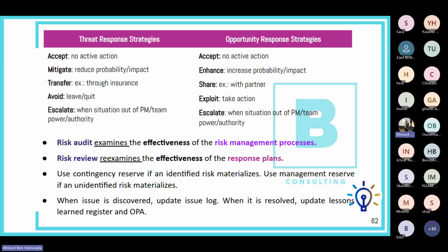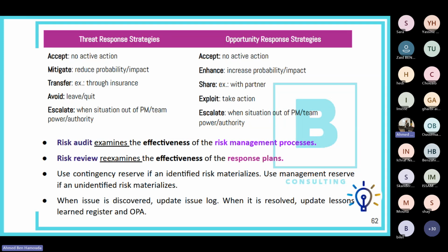The PMP exam will describe the action, and from the description you will understand that it's about mitigation, or acceptance, or transferring, for example buying an insurance policy, or avoiding, for example leaving the situation, quitting. Or, for a threat, you can choose to escalate, and that's only when the situation is out of your authority. Pick that as an answer in the PMP exam, but only for situations beyond your power, okay?